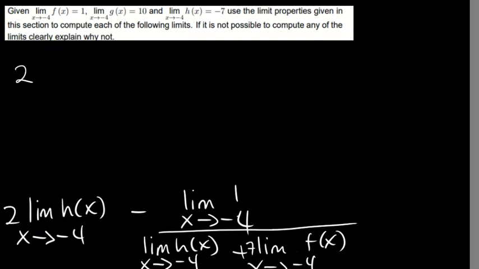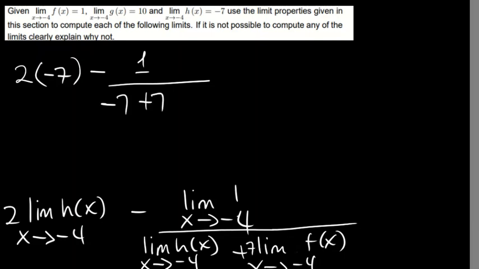So we are going to have 2 multiplying minus 7, minus the limit of 1 as x approaches minus 4, which would be 1, divided by the limit of h of x as x approaches minus 4, which will give us a value of minus 7. So we're going to have minus 7 plus 7 multiplying the limit of f of x as x approaches minus 4, which will give us a value of 1.